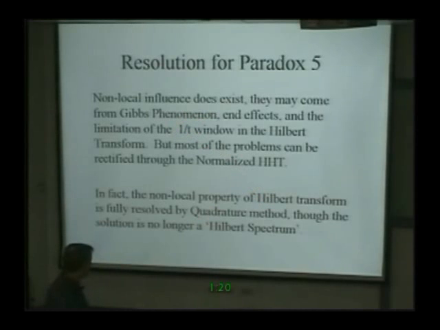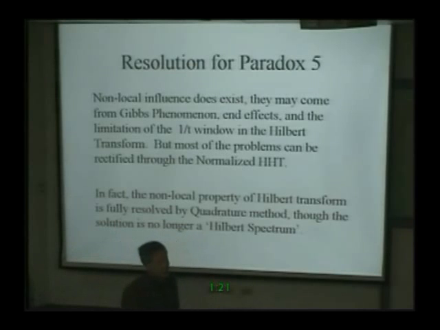Using the quadrature method, we can have a time frequency distribution. I still call that the Hilbert spectrum, but you don't have to call it the Hilbert spectrum. Though the solution is no longer a quote-unquote Hilbert spectrum, in a large sense, I call it the Hilbert spectrum. Just like, for example, I called most of the wavelet spectrum a Fourier type spectrum.